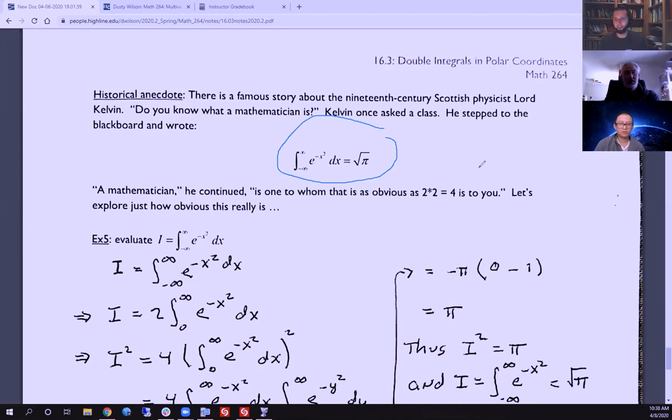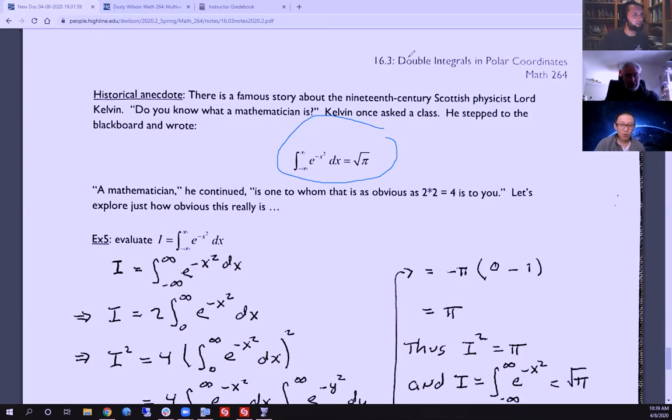Is this as obvious as 2 times 2 equals 4? I think we should spend a little bit of time talking about this expression, how obvious this really is, and its uses. So kind of a funny story, and let's do some math to figure out what this is all about.